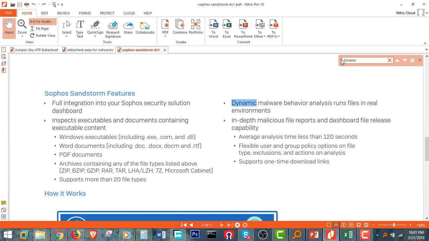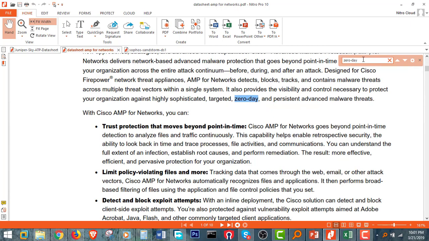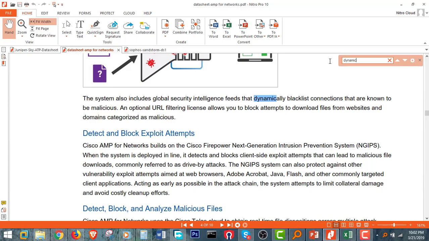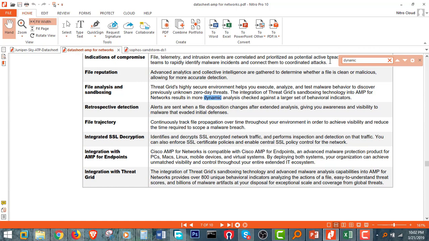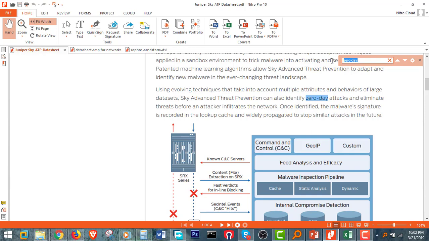We go to AMP for Networks, which dynamically blacklists connections that are known, and also has Threat Grid, a dynamic analysis engine. Networks results in more dynamic analysis checked against larger sets of behavioral indicators. We do the same again with Juniper Sky ATP dynamic.